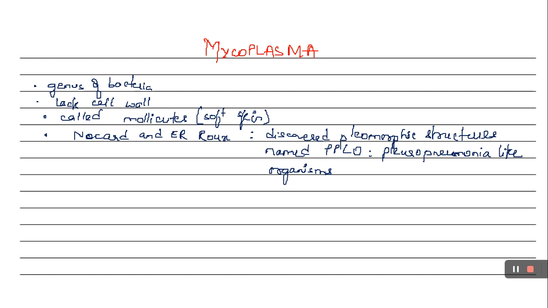So while they were studying the pleural fluid of cattle, which cattle? The cattle suffering from bovine pleuropneumonia.